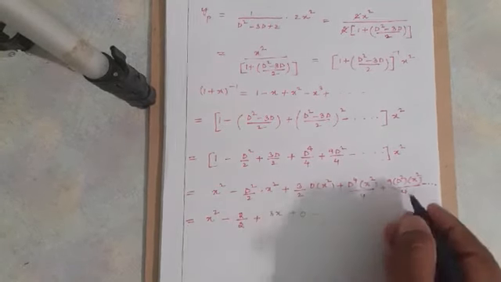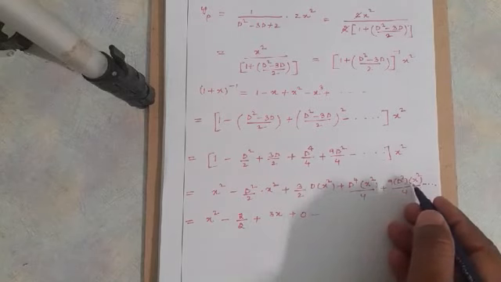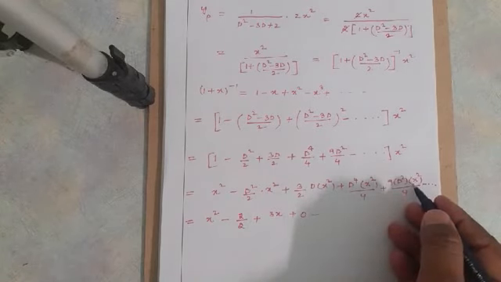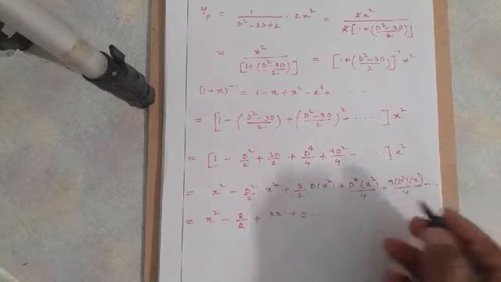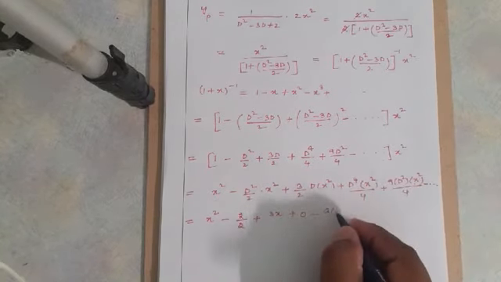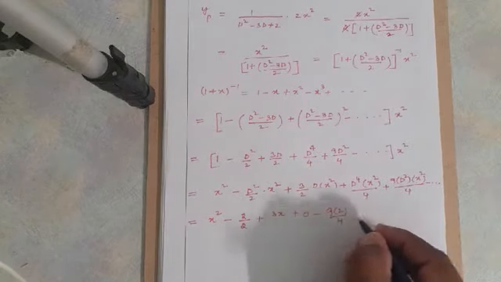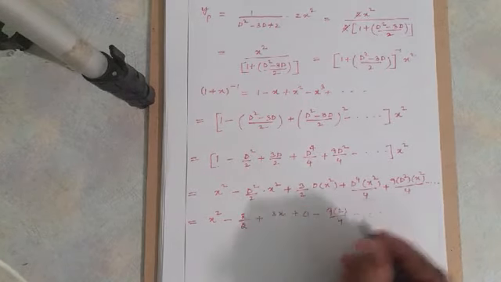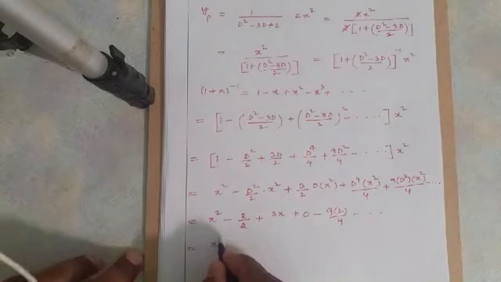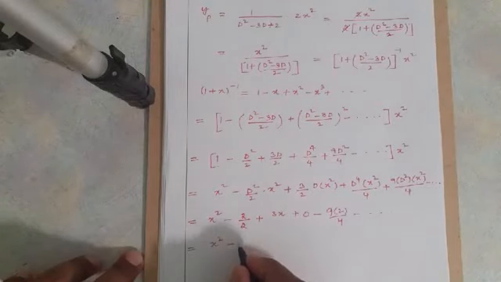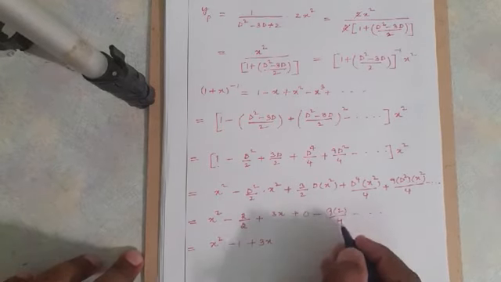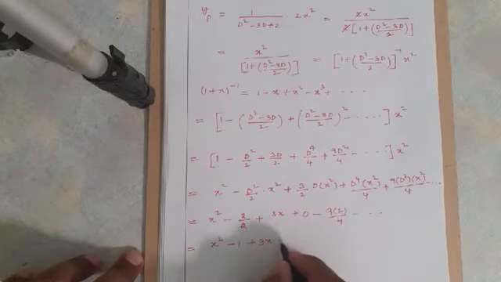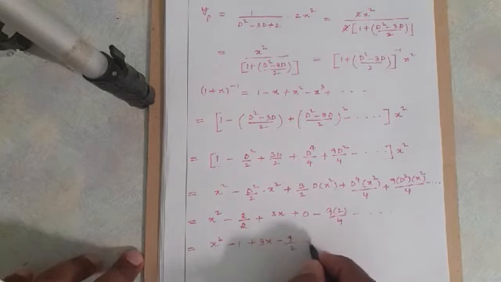Then the next term is D² of x²: differentiating x² twice, you get 9 into 2 upon 4, minus, and so on. So you get x², minus 1, plus 3x, minus 9/2, minus, and so on. This will be the answer.